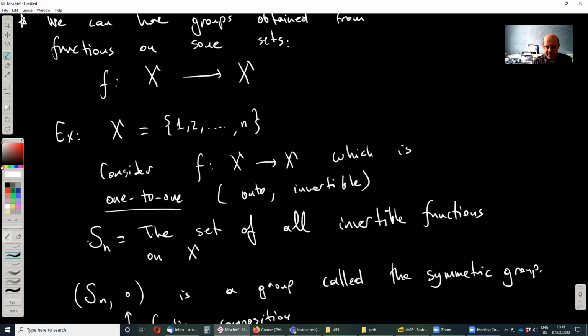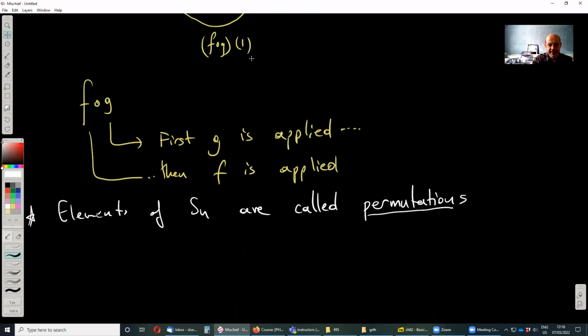All right, let me think about this a moment. So that's one example. Another example is this. For example, X might be the set R cube.